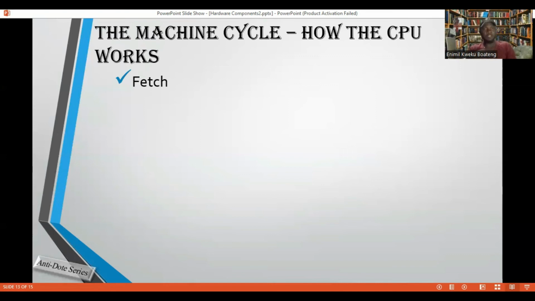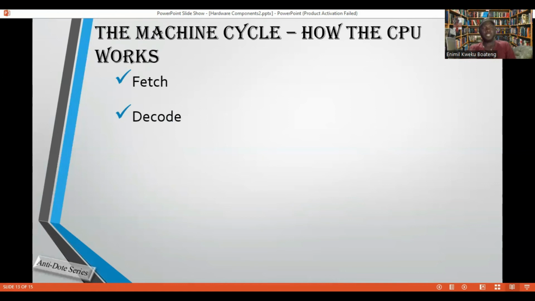After reading the next instruction from memory, it paves way for the next cycle, which is decode. With decode, the instruction that was read from memory is translated into a language the CPU understands.